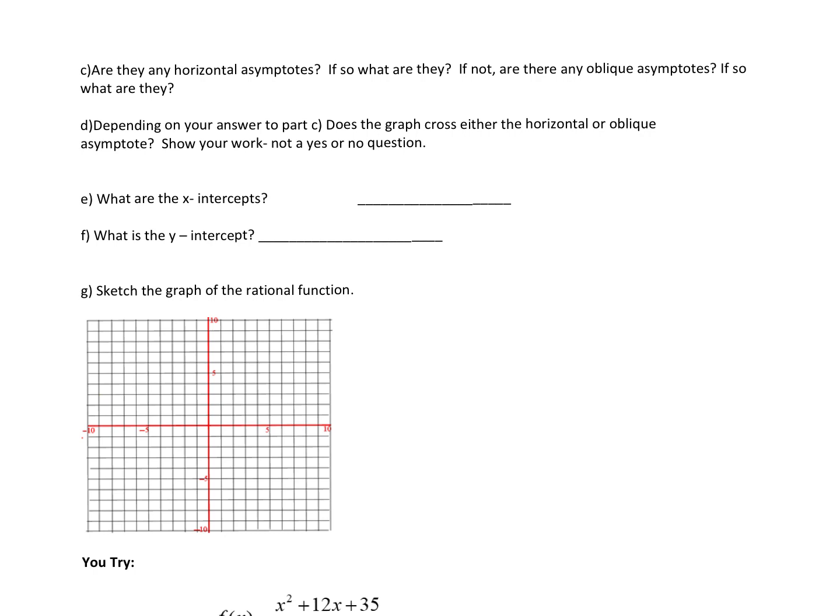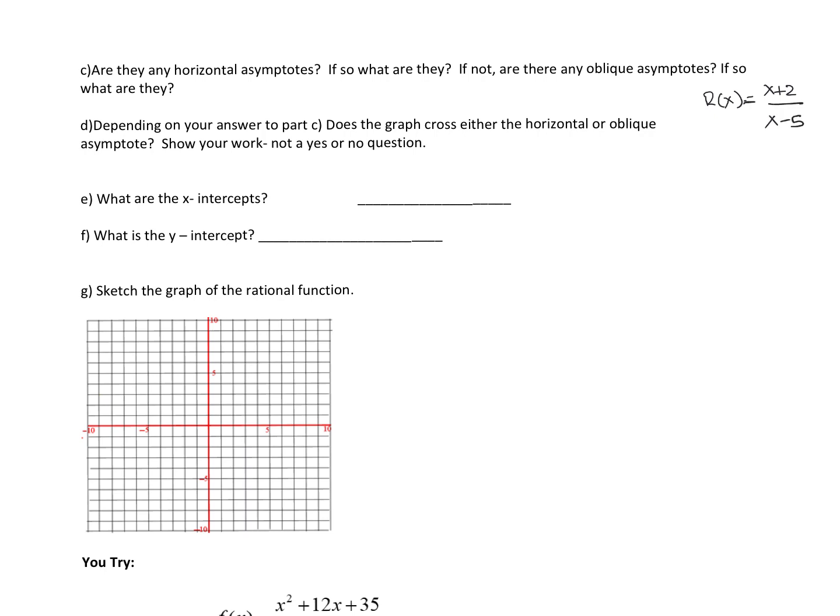Okay, how do we know if there are any horizontal asymptotes or if there are oblique asymptotes? Well, let me write this down because it's on the other slide here. We have r of x equals x plus 2 over x minus 5.